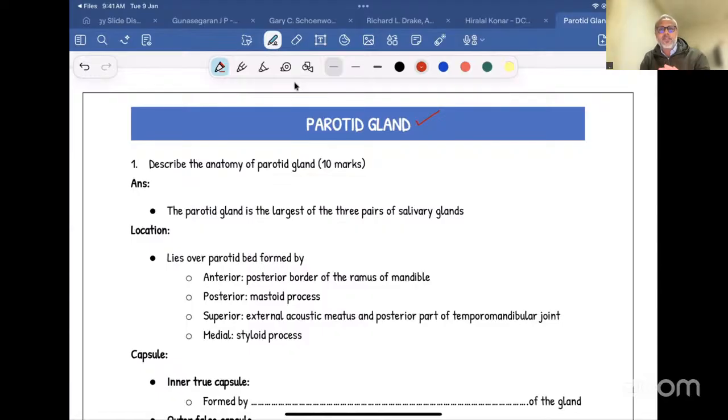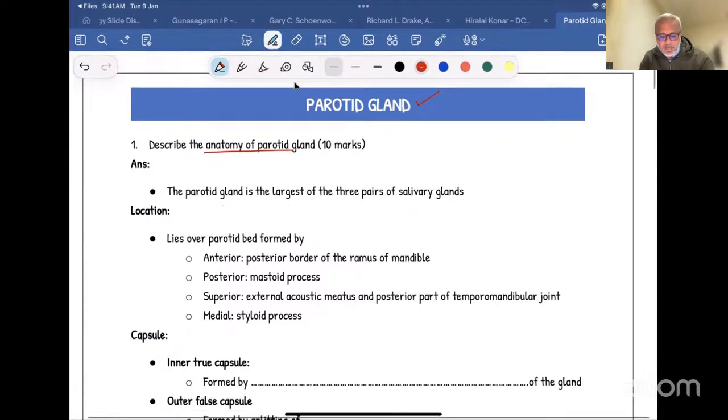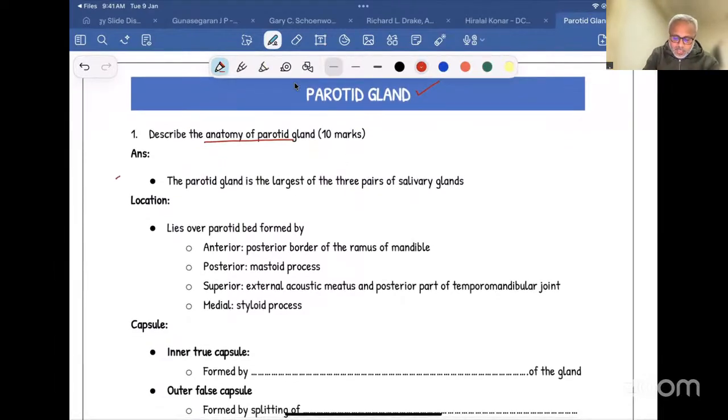That is why I have not divided this topic into any subheadings. I have simply given the question as: describe the anatomy of the parotid gland. Now, when the question is not subdivided into headings, how do we go about it? It's always better to start with a line of introduction about what exactly the parotid gland is.